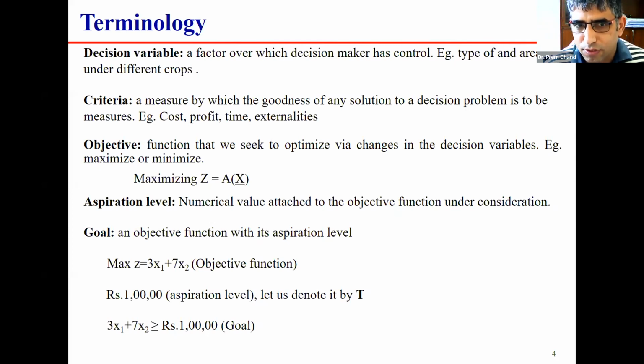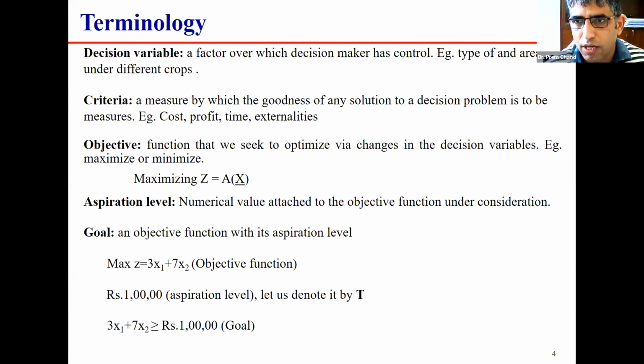And then objective. Objective is a function that we want to achieve. To achieve means either maximization of return, maximization of welfare, or minimization of cost, or minimization of externalities. And then come the aspirational levels. When we attach some numerical value to the objective function, we call it aspiration.